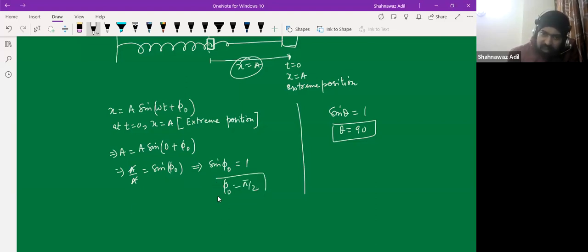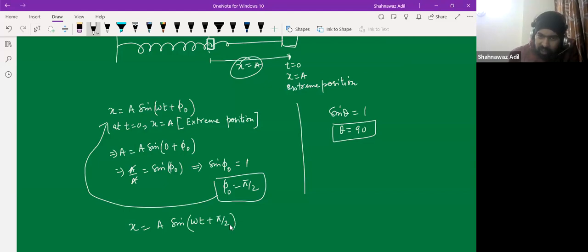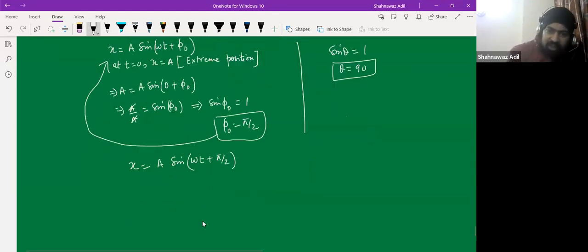Then what would be the function that we will use? We have got the value of phi naught, so that would be a sine omega t plus pi by 2. And we know that sine 90 plus theta is cos theta. So this would be a cos omega t.